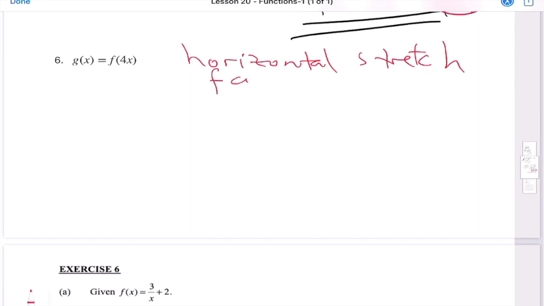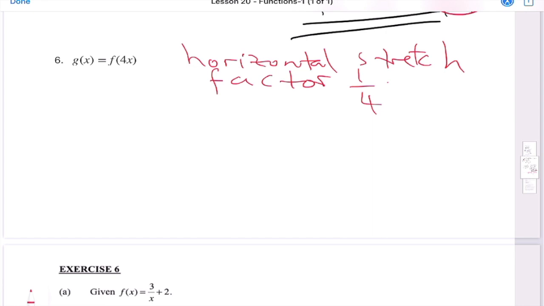The factor, because every stretch must have a factor, is not equal to 4, but it is equal to 1 over 4. That is just one thing you need to be careful about. If it is affecting x, then the factor cannot just be the number that is in front of x. It will be 1 divided by the number that is in front of x. So this is a horizontal stretch of f along the horizontal axis using a factor of 1/4.